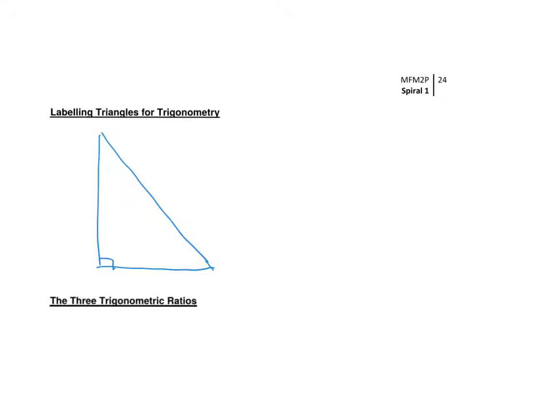First of all, for trigonometry, we need a right-angled triangle. Now we know that from the corner to the opposite side is called the hypotenuse, so we will label that H. If we have an angle that we're always referencing, the side that is beside it is called the A value, or the adjacent, and the side opposite to it is called the opposite.